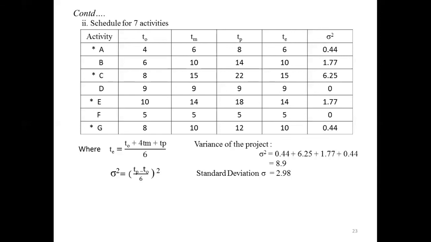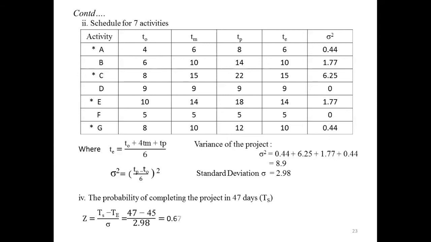Then after calculating the standard deviation, the question gives the probability of completing the project in 47 days, that is the TS value. You know the formula Z equals TS minus TE divided by sigma. You know the value of TS is 47, the TE value you got as 45 from the critical path, and the sigma value is 2.98.